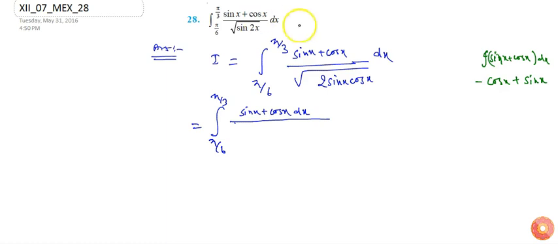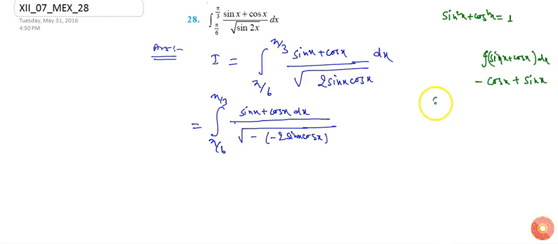So in the denominator I have 2 sin x cos x. If I write it as minus of 2 sin x cos x, then I can make the perfect square of sin x minus cos x using the identity which says sin square x plus cos square x equals 1.